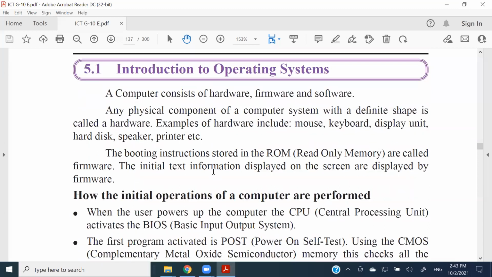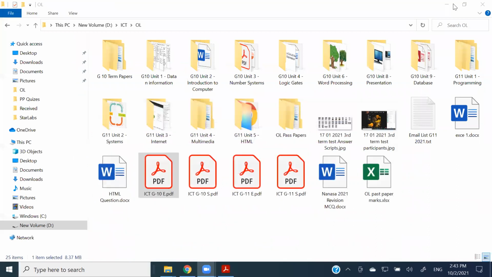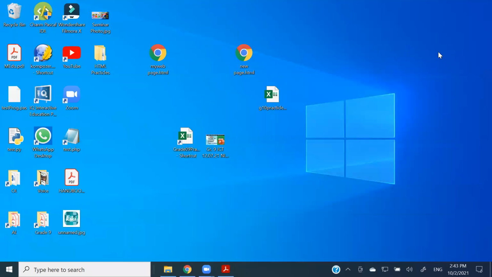In simple terms, we all know about Windows. Windows is the operating system that most computers are using, and there are many different operating systems like that. The operating system given by the Apple Corporation is called Macintosh, the Mac OS.